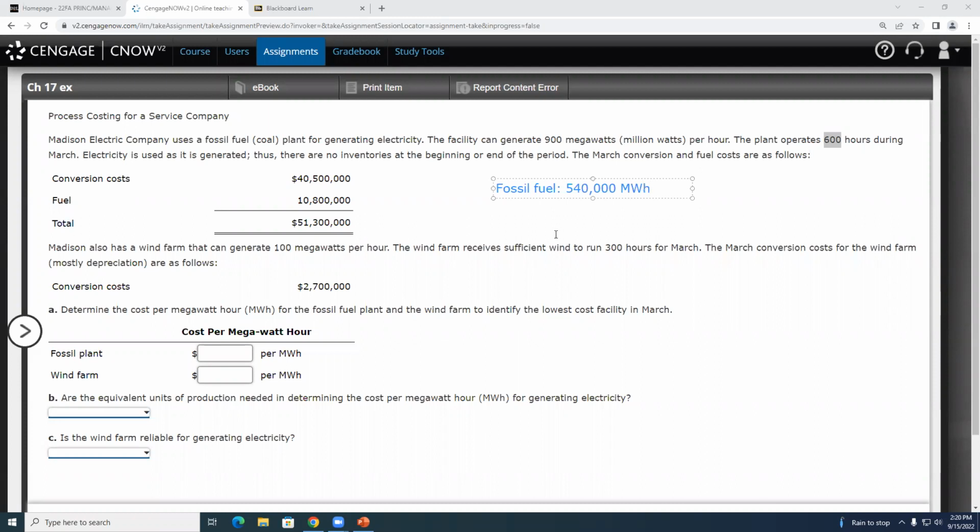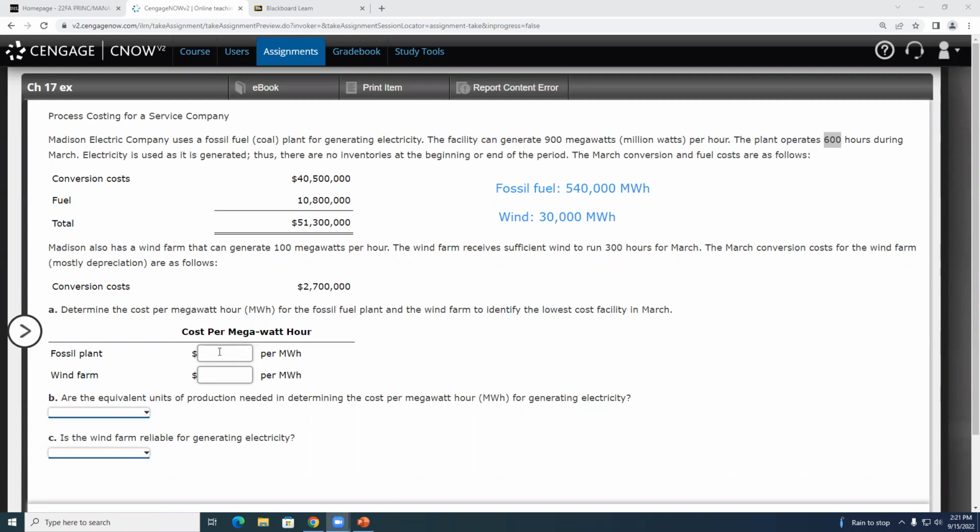Megawatt hours, okay. And for the wind farm, it ran 300 hours and generates 100 megawatts per hour. And so I think that probably shouldn't have the H on there, right? Megawatt. Yeah, I think it should just be MW for the abbreviation for that.